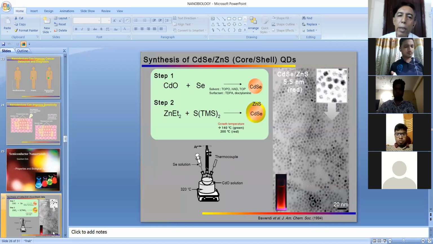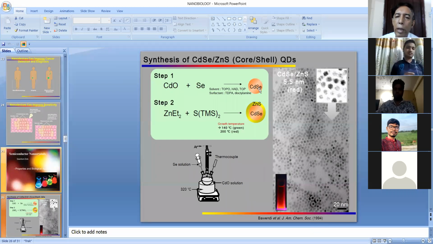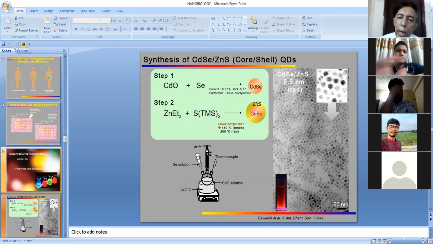So what is the metallic semiconductor? You can synthesize a metallic semiconductor from cadmium oxide with selenium. You will get cadmium selenide. It is a nano dot, a quantum dot, and you can give a coating of zinc sulfide on this cadmium selenide.